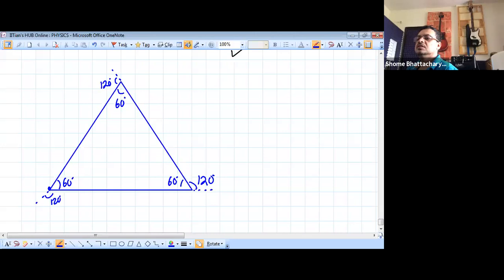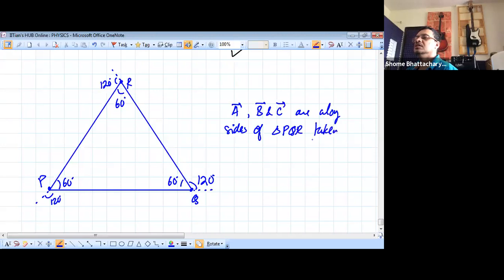So let's say this triangle has vertices P, Q and R. So now the above statement is saying that A, B and C are along the sides of triangle PQR, taken in order.